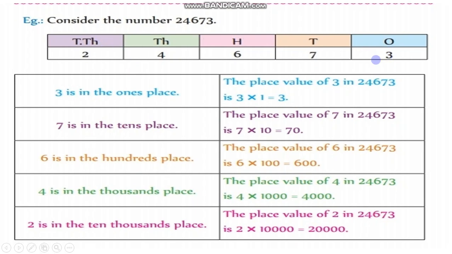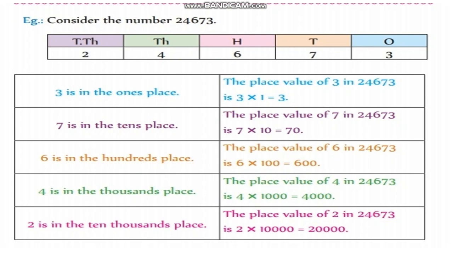If this 3 were in the 10,000s place, its place value would be 30,000, but it is in the ones place, so it is 3. So the value of a digit in a place value depends on the place it occupies in the place value chart. This is the difference between face value and place value.